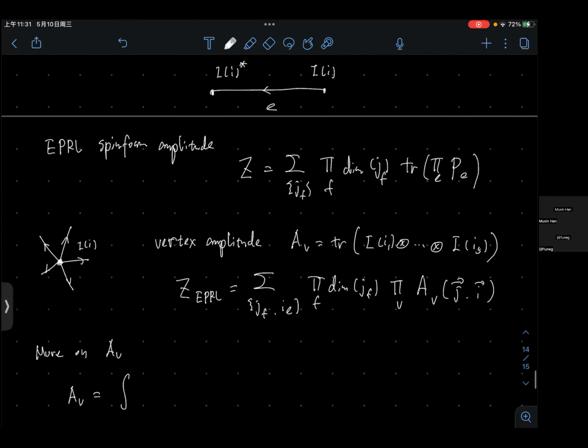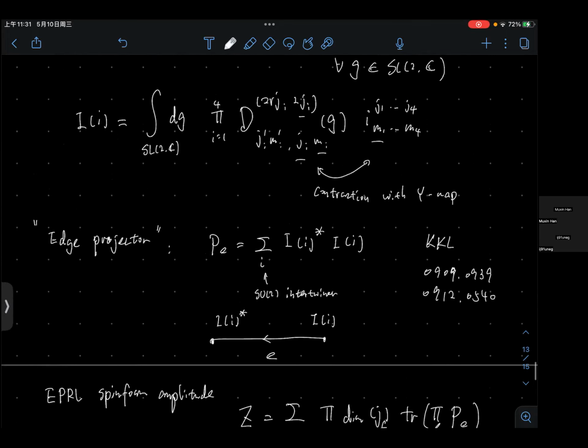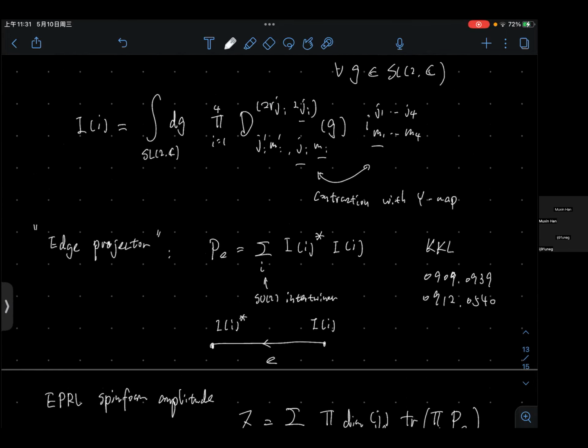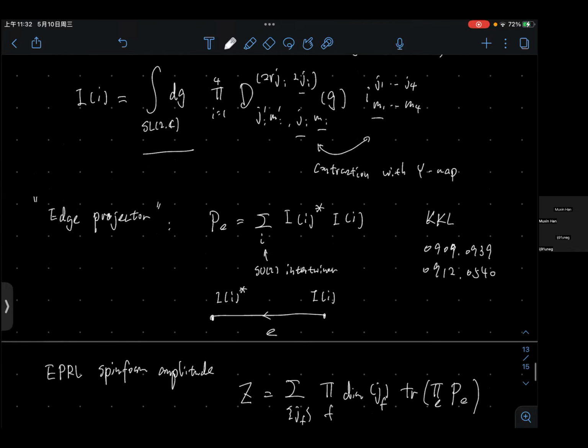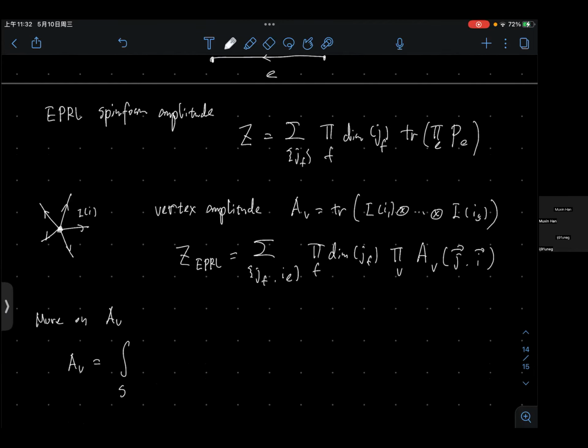Remember that they are SL2C. So there is this SL2C integral for each EPRL intertwiner, right? So now we have 5 EPRL intertwiners. So in principle, we have 5 copies of SL2C integrals.